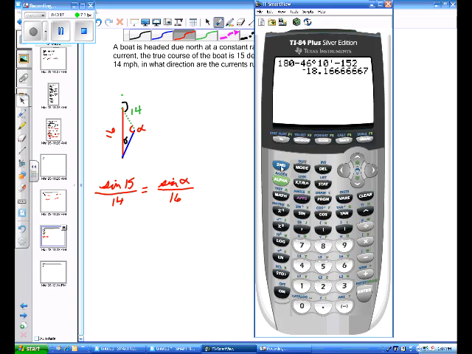So we have, solving, 16 times the sine of 15 divided by 14. So we get that alpha could be 17 degrees.